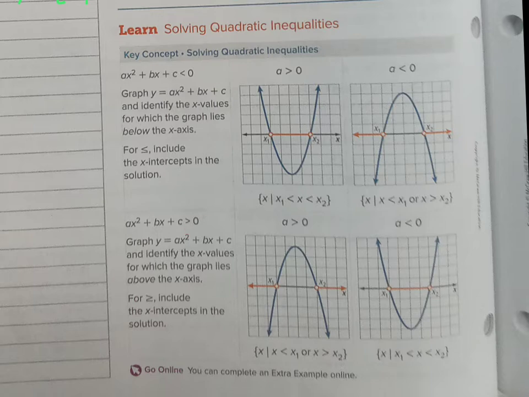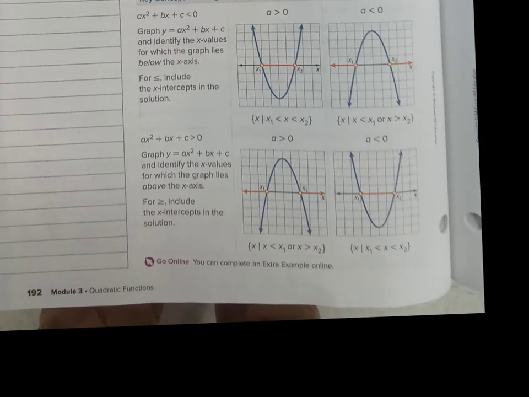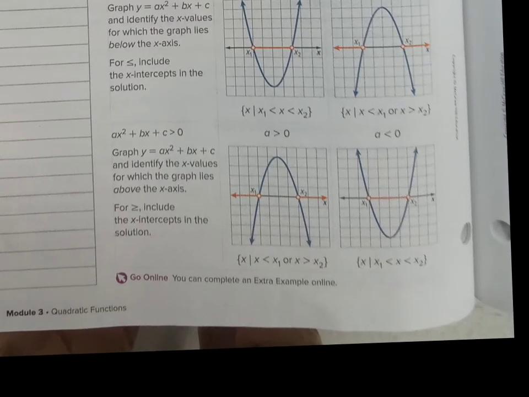So they say, well, if a is also positive, and this is where I think it gets a little weird, they have this graph. And again, I think this is kind of strange.